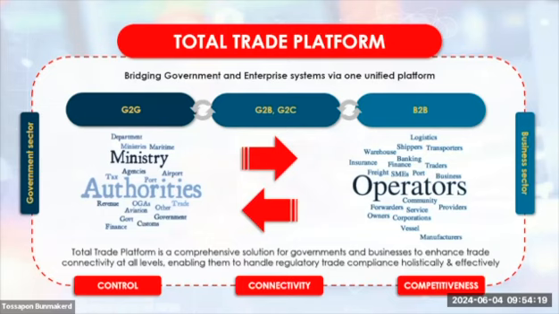So single windows need to be able to adapt and cope with these challenges. They need to be agile enough. The focus is not just on the facilitation of the regulatory trade, but it needs to go upstream and downstream as well. And it needs to evolve into that ecosystem, enable the community, and evolve into a total trade platform.